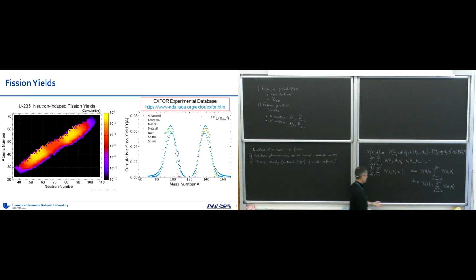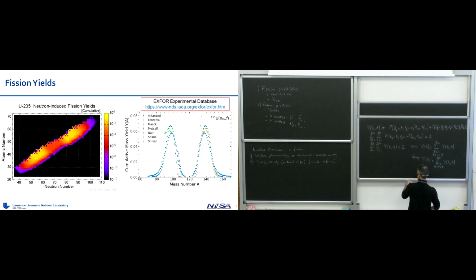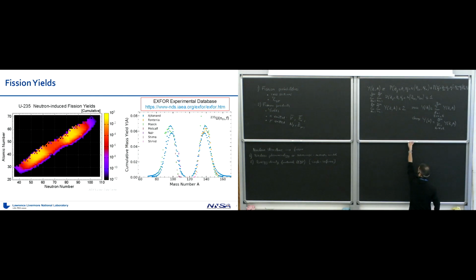Okay. So let's talk about the first part here, and I'm going to write again the leaky drop formula that we saw yesterday. So the leaky drop model. This is the simplest version of it, which is spherical, and it's just the drop.